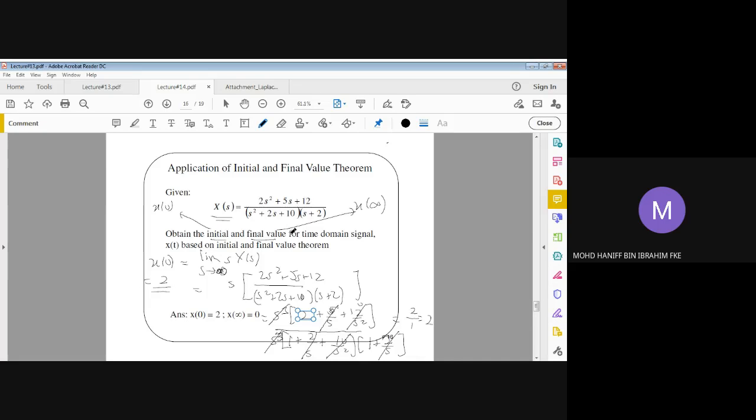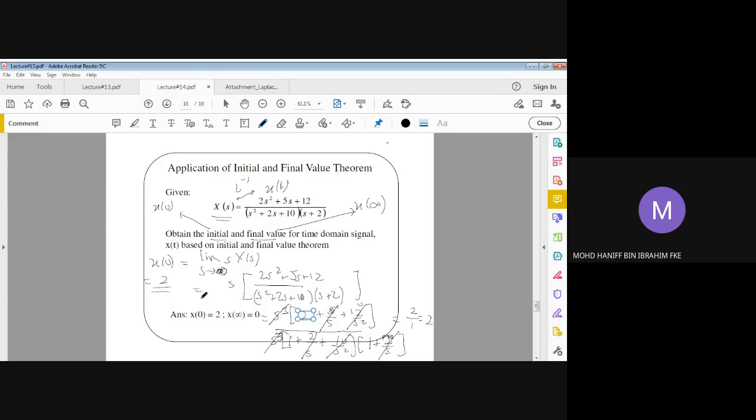So for the X(s) given here, the value of x0 in the time domain, the initial value, shall be equal to 2. You can prove this by doing the inverse Laplace transform, finding x(t), and then once you have x(t), you substitute t equals 0, and you can obtain that x0 is the same as 2.